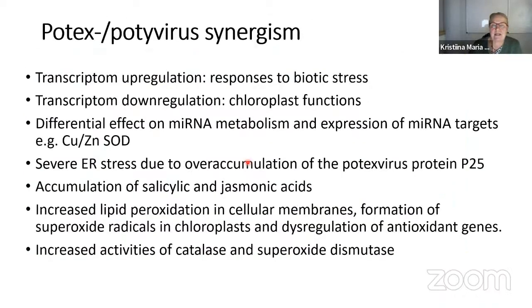And one of the pairs that is causing this kind of synergistic infection is the potexvirus and potyvirus combination. It is causing a lot of transcriptome upregulation. There are many genes which are induced functioning in responses to biotic stresses.